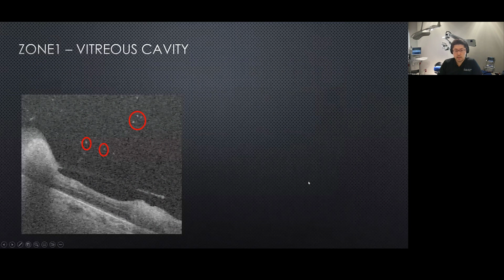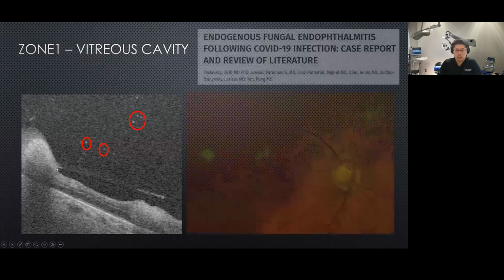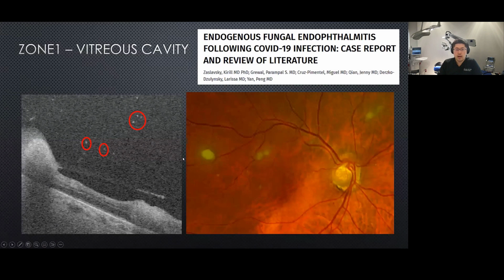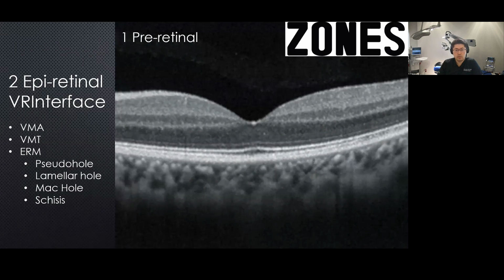And finally, the last thing that's very common we see in the vitreous cavity are these hyperreflective foci, just like we saw for the red blood cells. In this case, it is associated with this fluffy deposit on the surface of the retina. And these are usually associated with vitritis in the case of a fungal endophthalmitis. And that's it. The pre-retinal zone is covered.